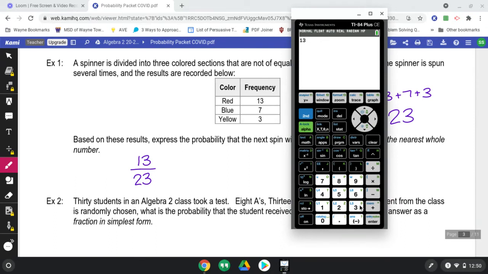That's how we're going to get a decimal or a percent. 0.56521. We're going to take the decimal and move it over 2 places. So it turns out to be 56.521, and that would round up to 57% to the nearest whole number.